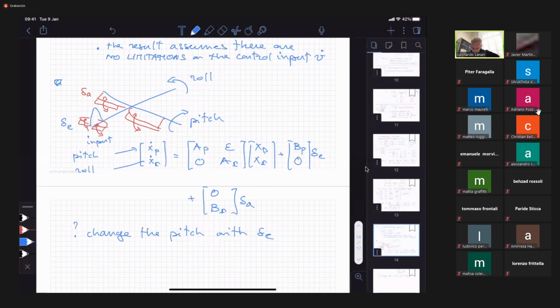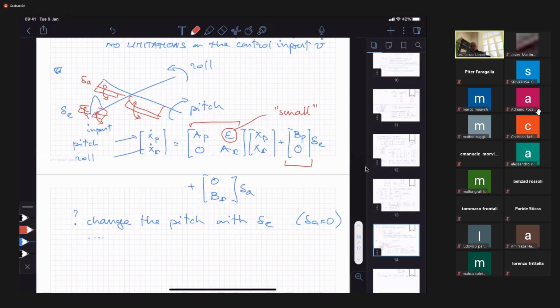If you take delta A equal to 0, you have this B matrix, the A matrix does not change, and you have this epsilon. I'm writing epsilon because this is very small. If you compute the controllability matrix, you would find that the system is controllable.